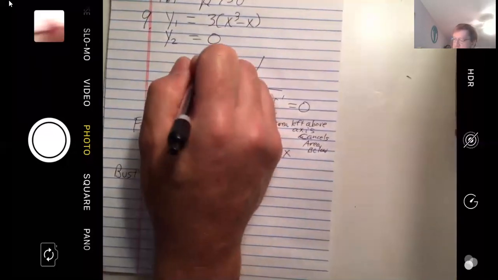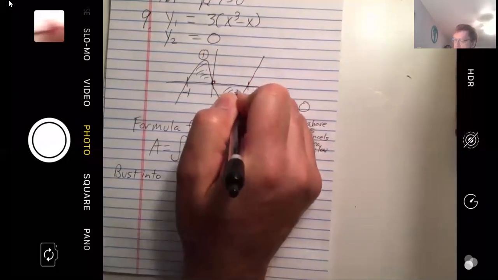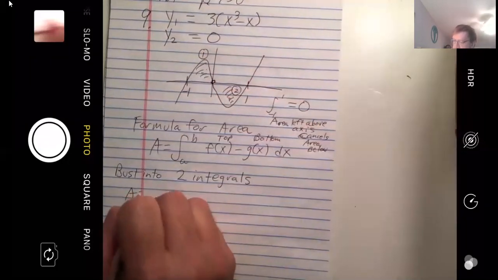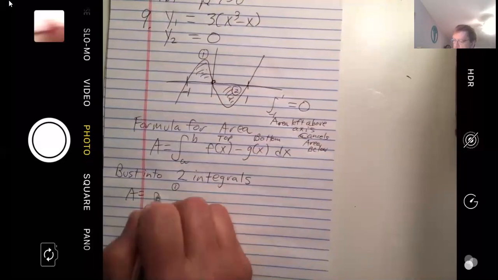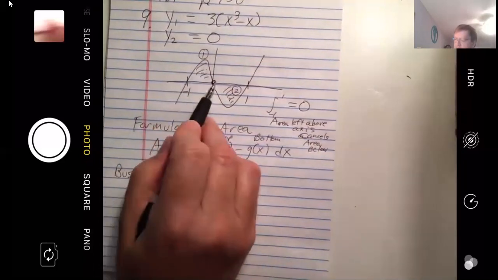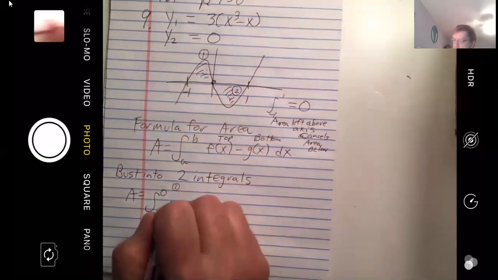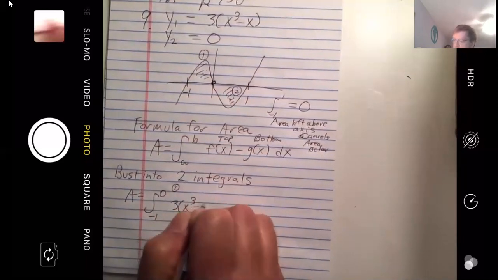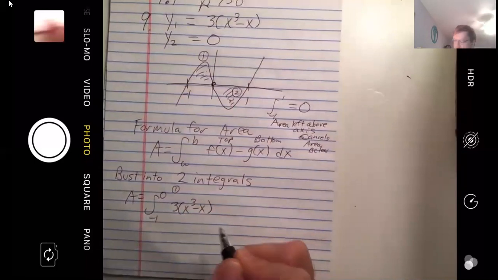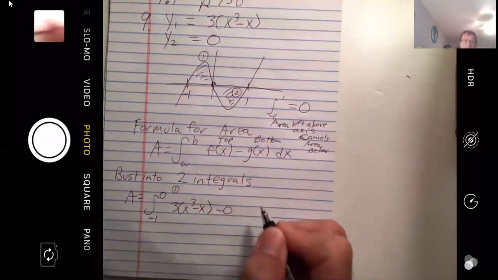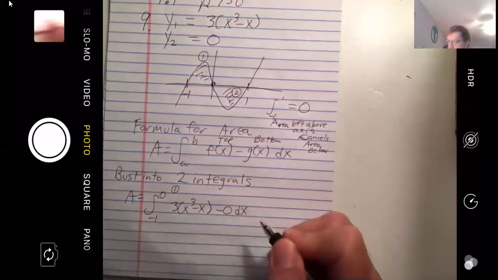So I guess we can call this area 1, area 2. And so for area 1, you're going to run from -1 to 0. Your top curve will be the 3x cubed minus x, and your bottom curve will be 0, dx.